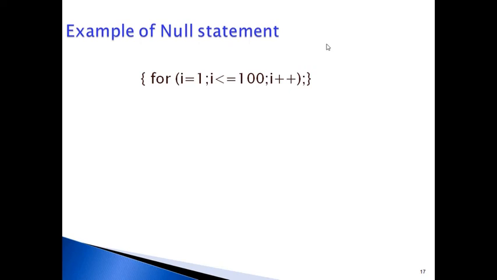There are no instructions within the for loop. Only the for loop statement is written: initialization, condition and increment. But there are no instructions within the for loop body.